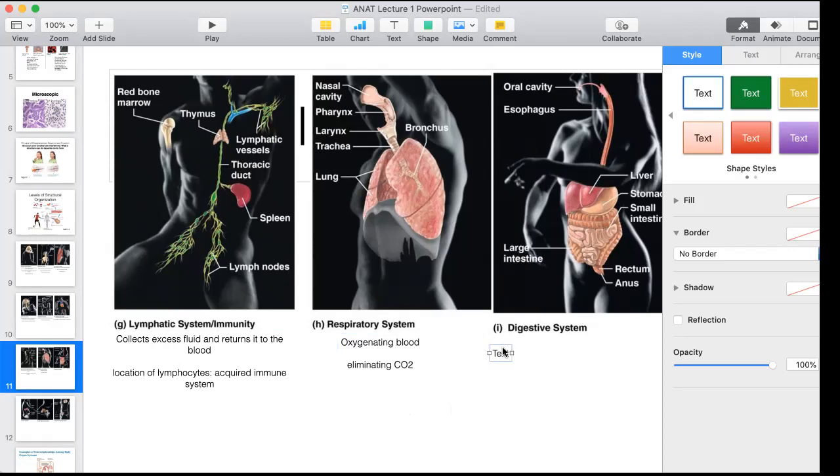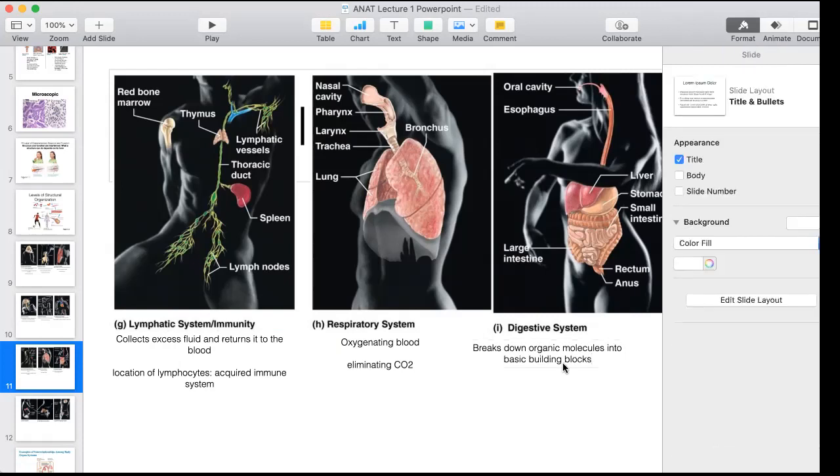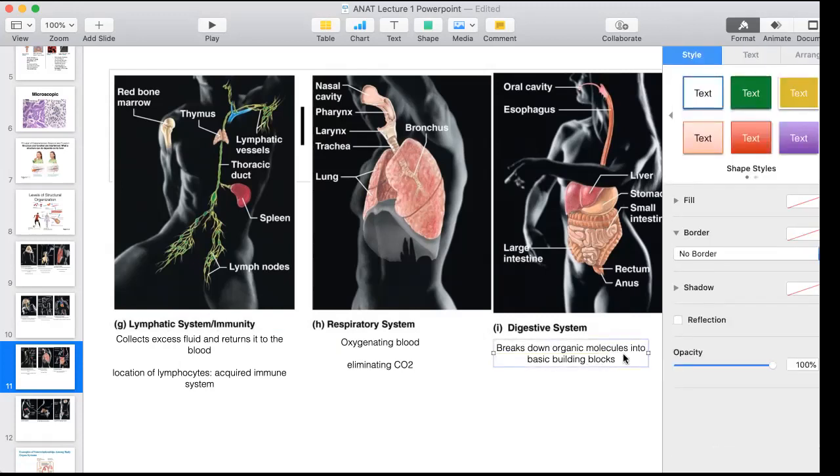It's complicated but scary. What the digestive system does is it breaks down organic molecules into basic building blocks called macromolecules, and there's four basically. There's amino acids, which make proteins. There's glucose, which makes up carbohydrates.